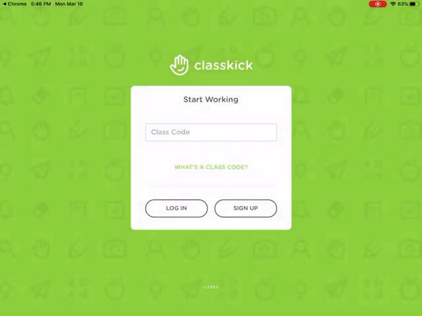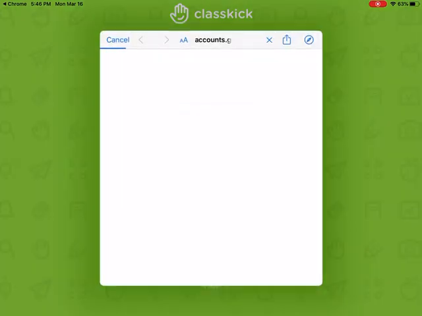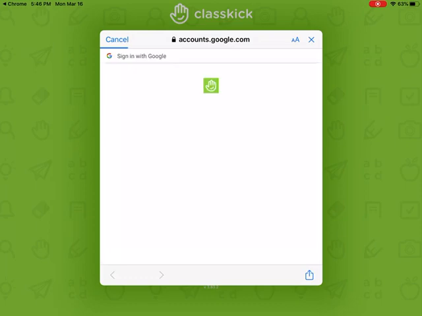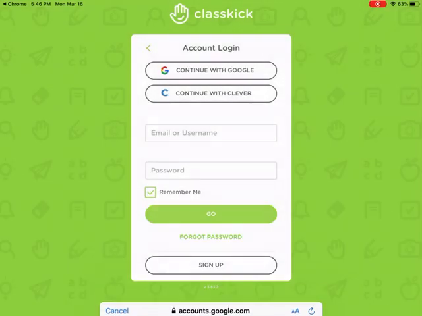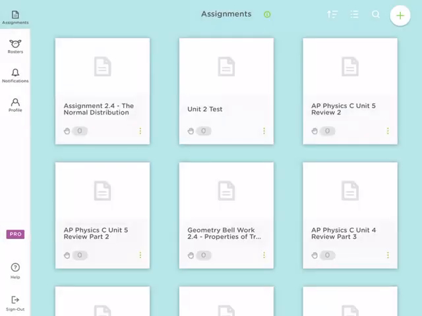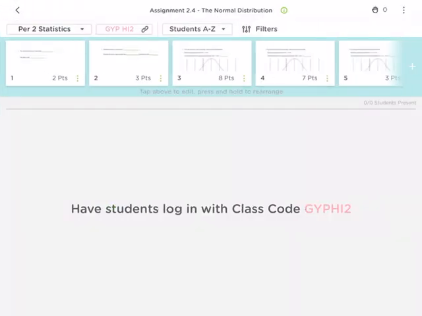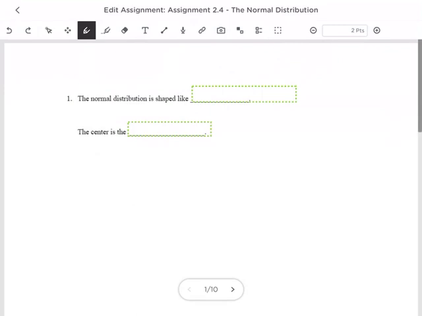There we go. So you might have to give it a try or two. So then in ClassKick, you'll see your assignment.